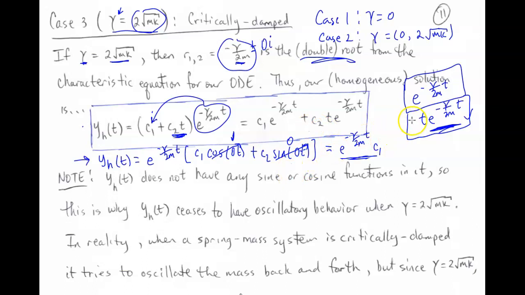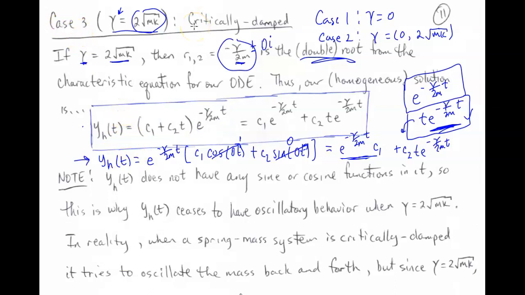And so this is where the other solution, the c2 t e raised to all this business here, comes from. And that's why we're able to have those two separate fundamental solutions and add them together to create a single solution. Now, there's one other thing I want to say about this before we move on, but I'm going to erase a bit so that we can have some room to talk about it.